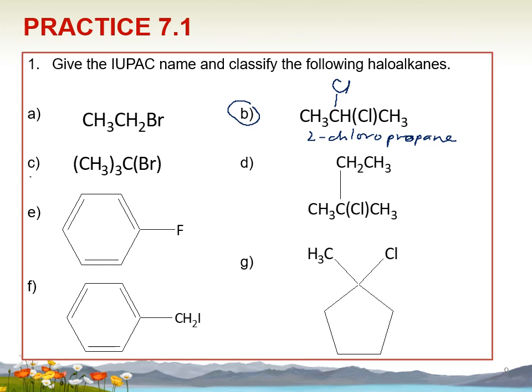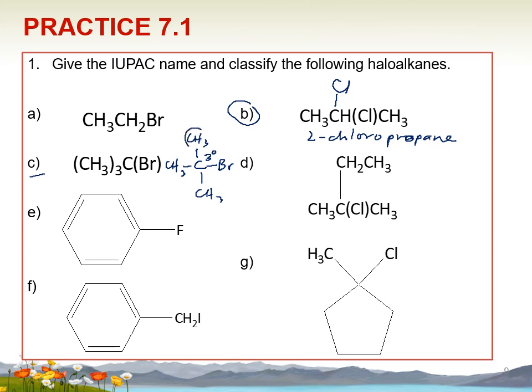Next, question number C. Okay, let's redraw this compound. CH3, CH3, CH3, and Br. Br is attached to the tertiary carbon. So this is a tertiary haloalkane.